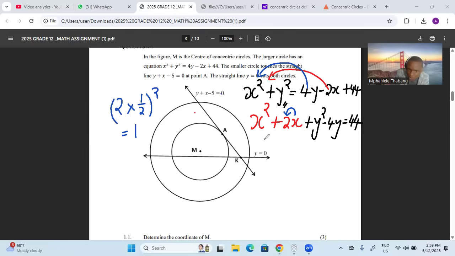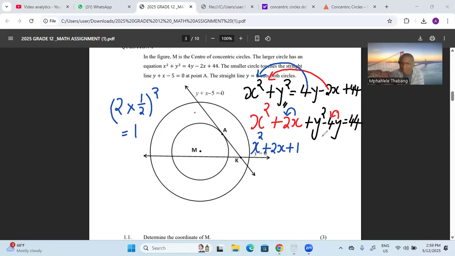So now I'm going to have x squared plus 2x plus 1. The number which I just got, I'm going to add with it. Now let me go to the coefficient of y. What is the coefficient of y? Negative 4. What am I going to do to the coefficient of y?